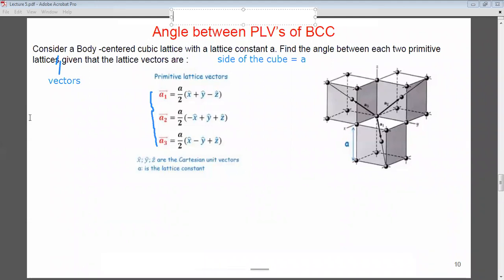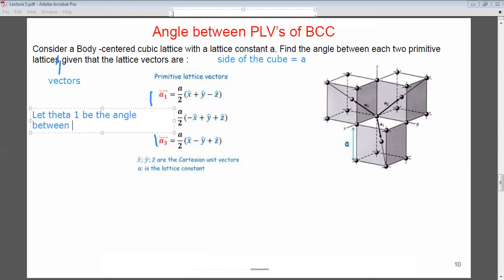Okay, so to do that, we say, for example, let theta 1 be the angle between vector A1 and vector A2. I have to do it like this because I cannot write. Okay, so we will start like this. So what's the formula? So I have this vector A1, this vector A2, and I want theta to be the angle between them.